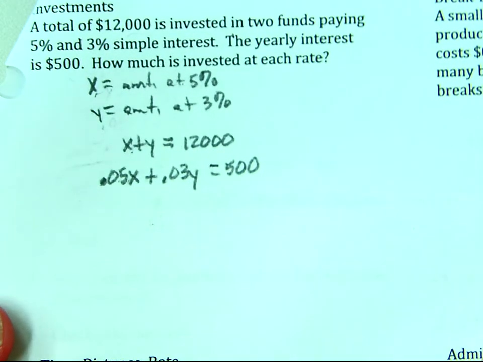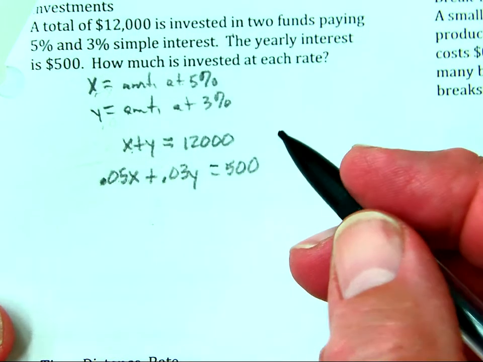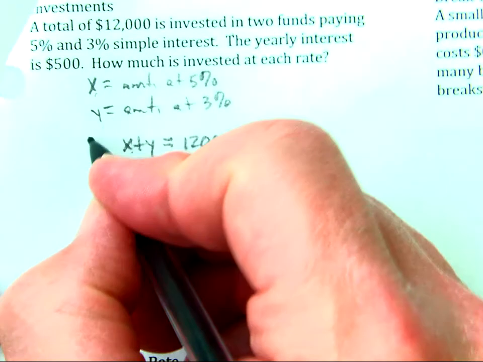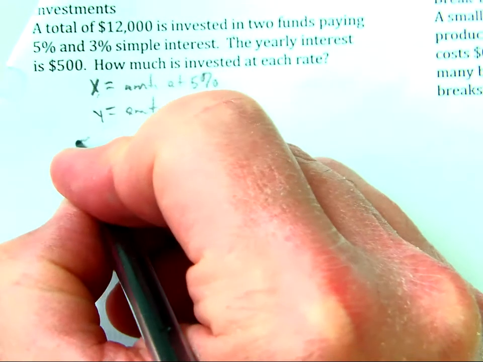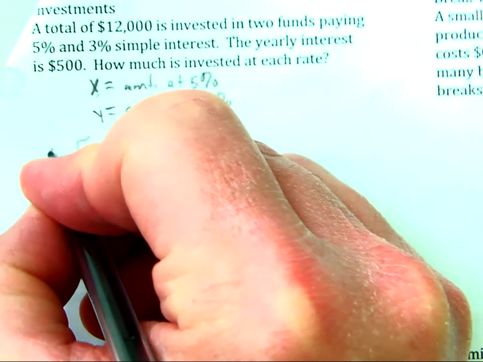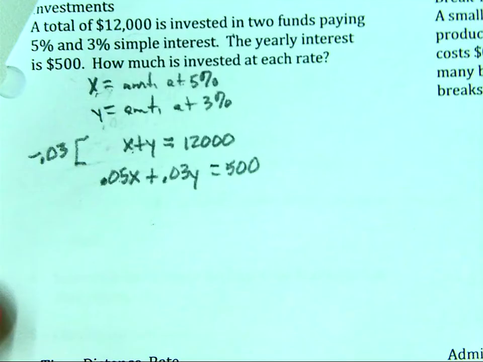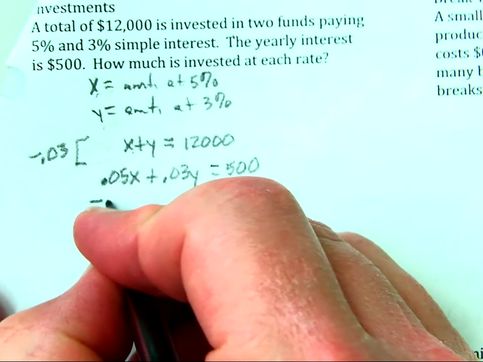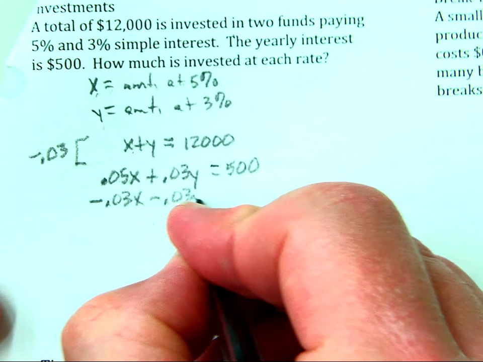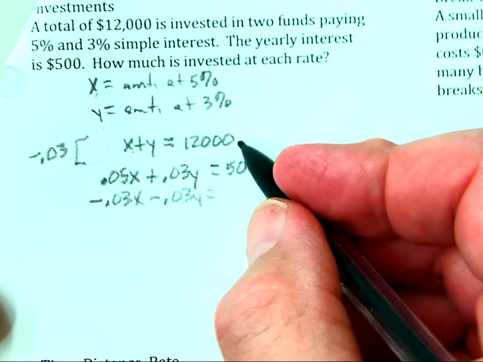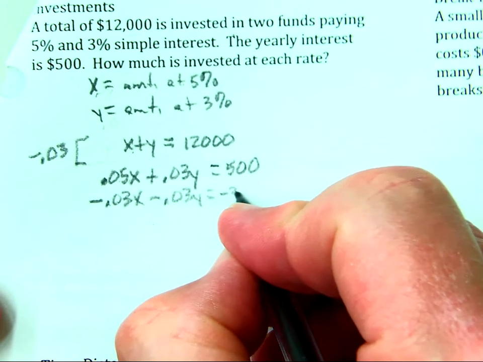Now we need to solve that. Well, if we solve that by elimination, we want either the X or Y to cancel out. Let's say I wanted to get rid of Y. What if I multiplied this top equation by a negative 0.03? So this would be a negative 0.03X minus 0.03Y, and 0.03 times 12,000 is a negative 360.